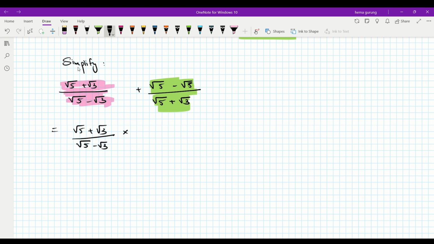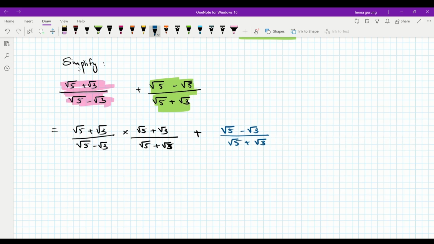Now what's the conjugate of root 5 minus root 3? It is root 5 plus root 3. So what I'm doing here is rationalizing the first one, the pink one. Now I'm going to rationalize the green one. I'll just copy the term there.